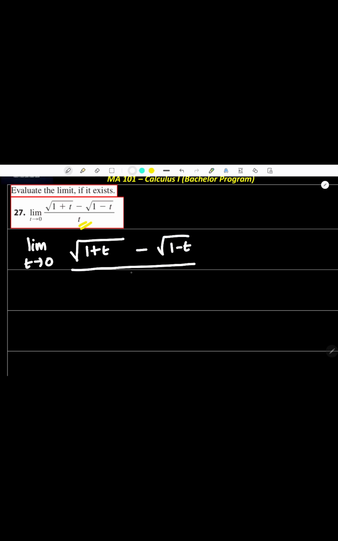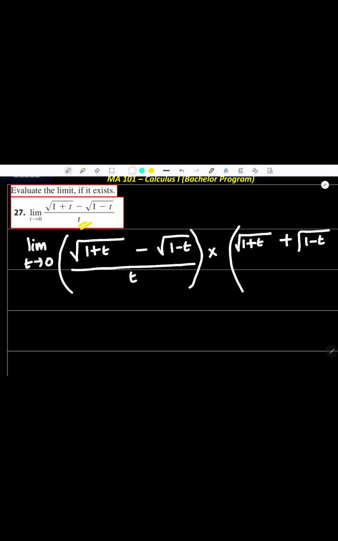So the limit t goes to 0, square root of 1 plus t minus square root of 1 minus t divided by t. So this is going to become multiply with, open the brackets, square root of 1 plus t plus square root of 1 minus t.